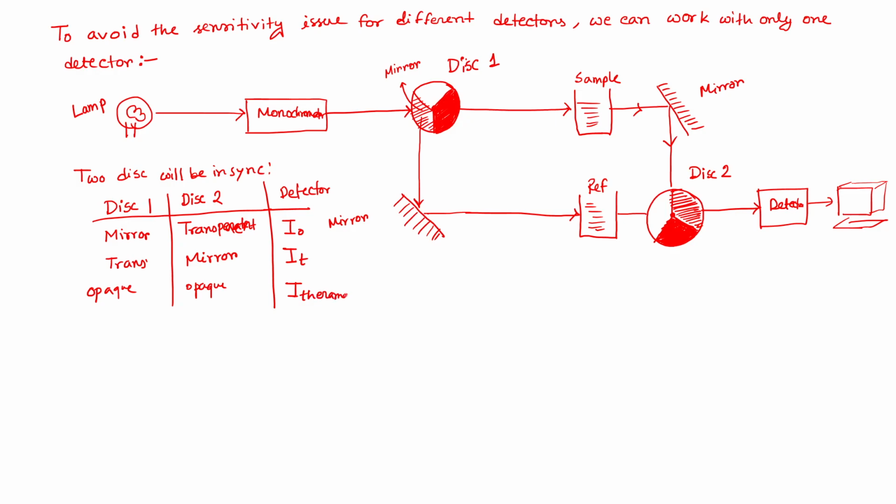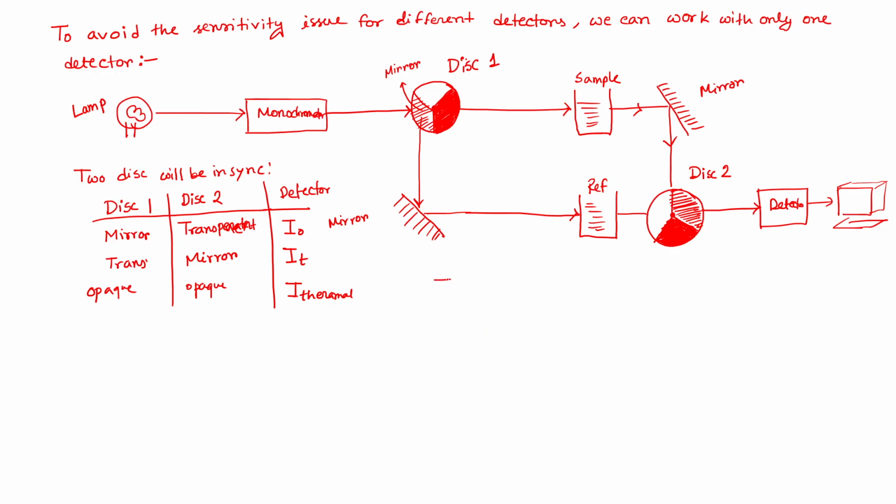So when there are no photons involved, there are still some counts. This intensity is due to the thermal noise, actually. This can also be calculated when both are opaque.